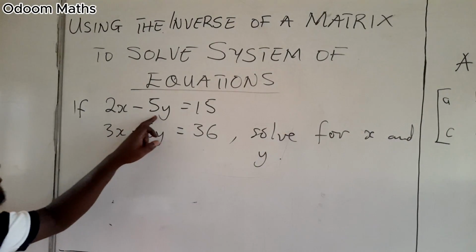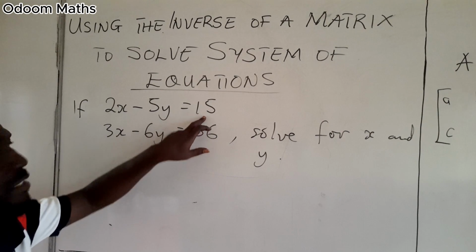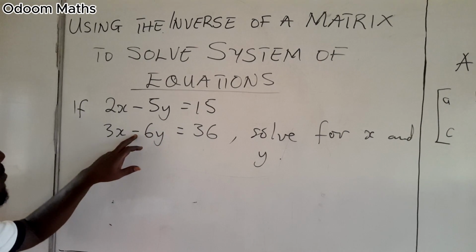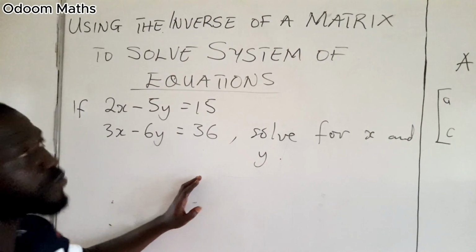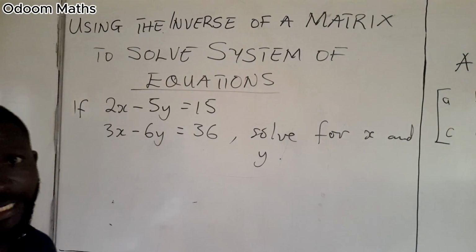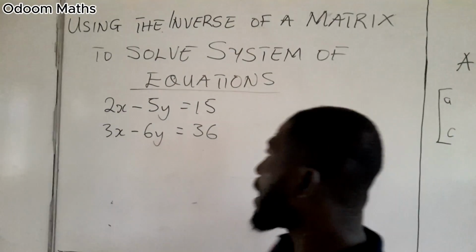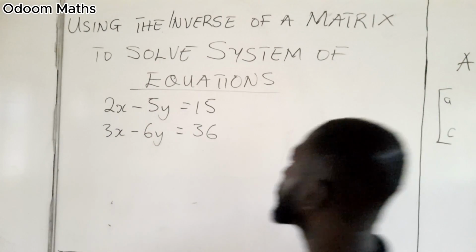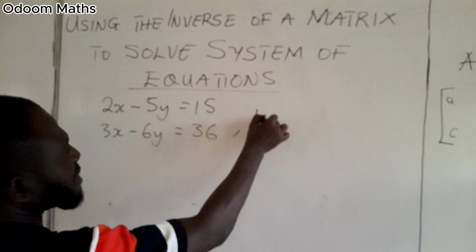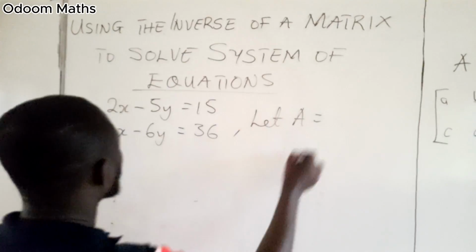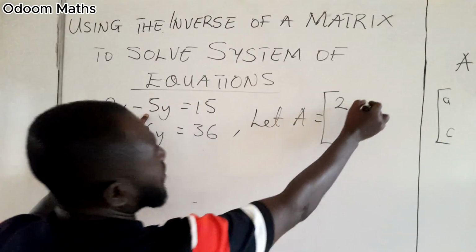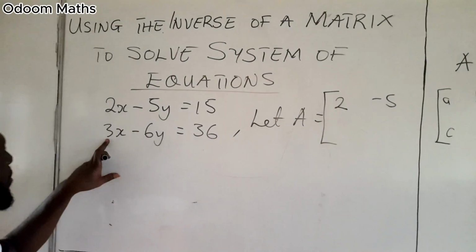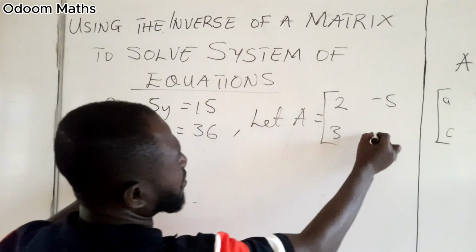If 2x minus 5y equals 15, and 3x minus 6y equals 36, we have to solve for x and y using the inverse method. We first need to write the coefficient matrix. So we let matrix A equal 2, negative 5, 3, negative 6.